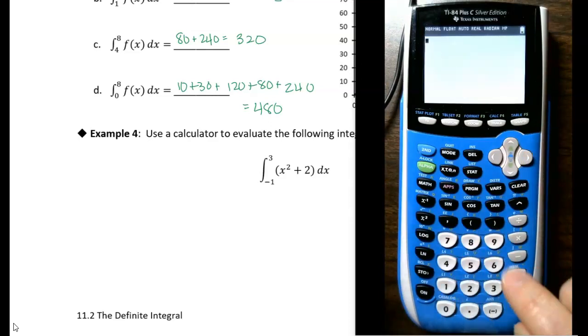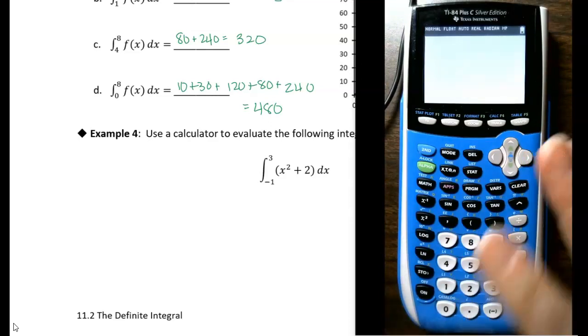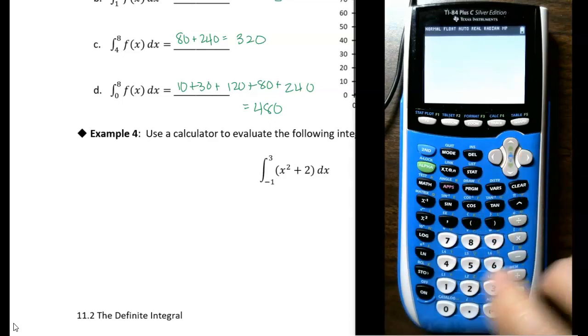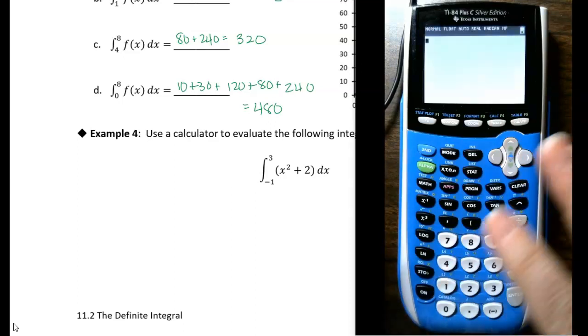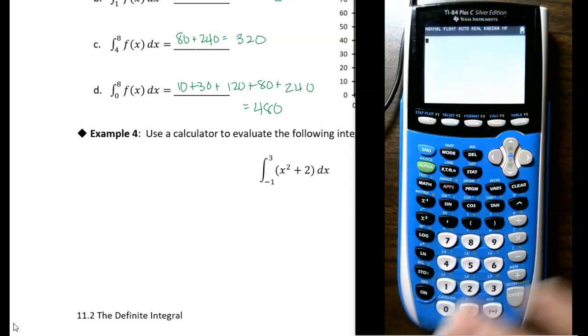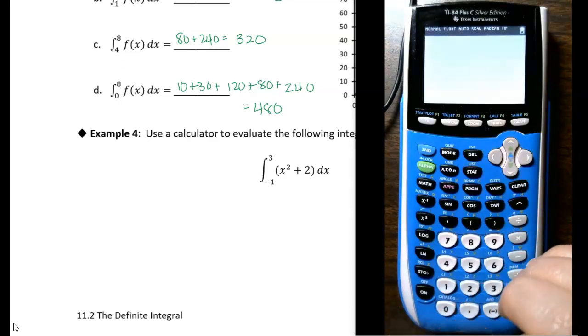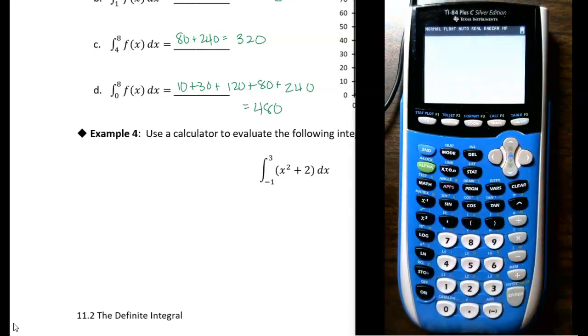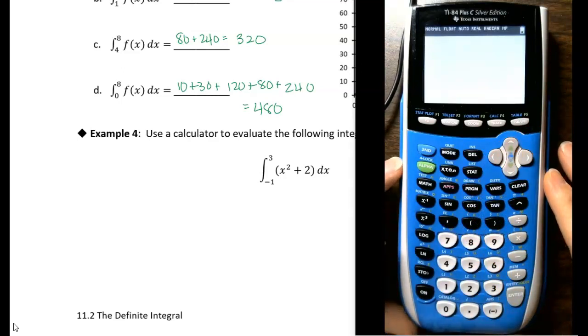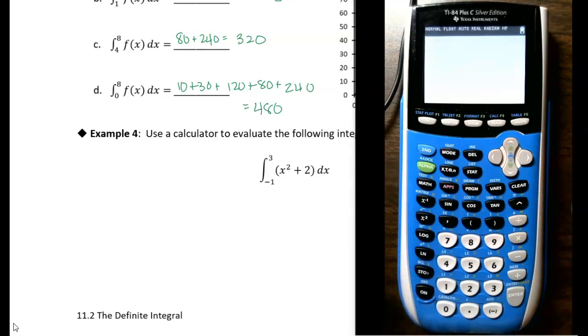If you don't have a TI-84, I recommend just going to Google and typing in how to integrate on your calculator. If you don't have that function on your calculator, I don't know if it's required for 108, but if you don't, just email me, let me know.